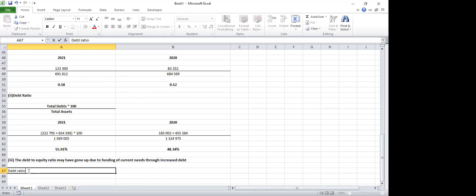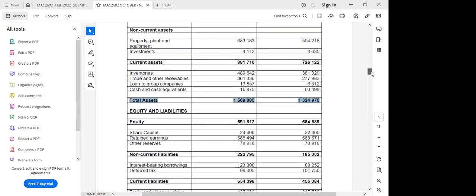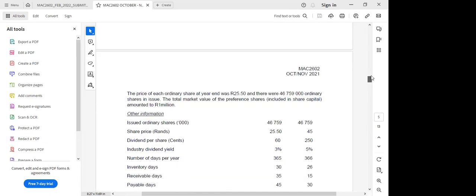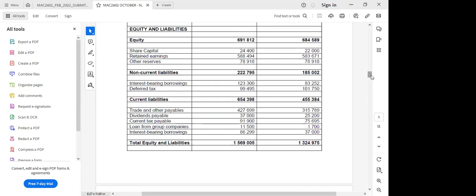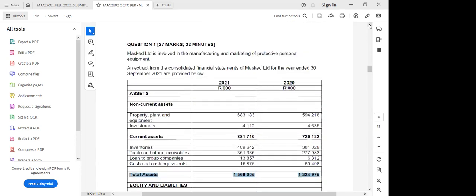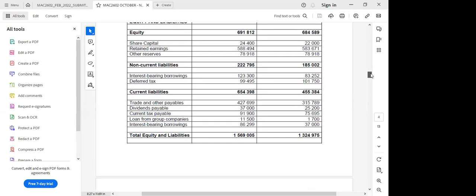So we can say the debt ratio may have been pushed up by the interest-bearing debt going up, and the assets, with a lower equity side.